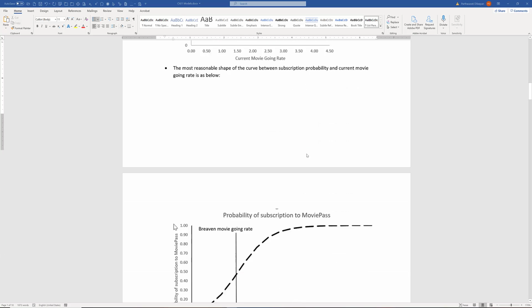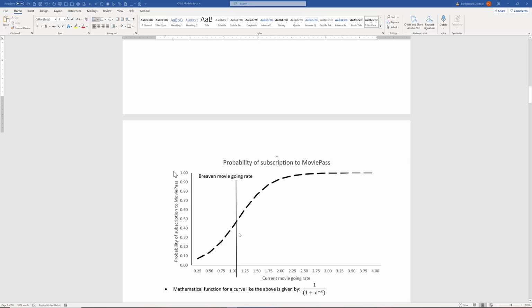A shape something like this is what is reasonable, because here is the break-even movie going rate. At that point, you can say that subscription is 50-50, whether the person buys the subscription or not is going to break even. It's going to be about 50-50, maybe a little bit more.